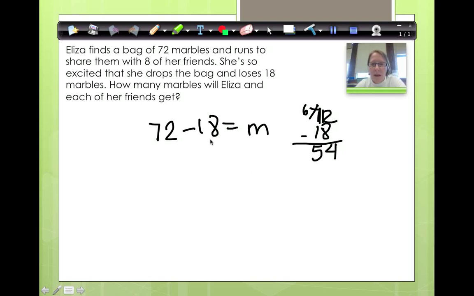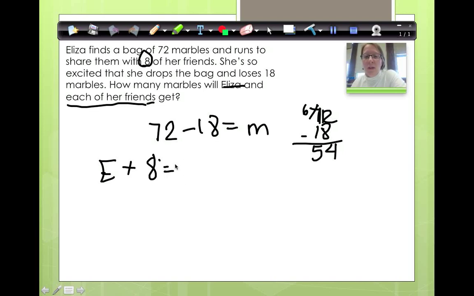Okay, now let's see. She's got how many friends? She runs to share them with her friends. Now, how many marbles will Eliza and each of her friends get? Well, how many friends does she have? So Eliza would be one person plus 8 of her friends. So how many people are we going to distribute them to?